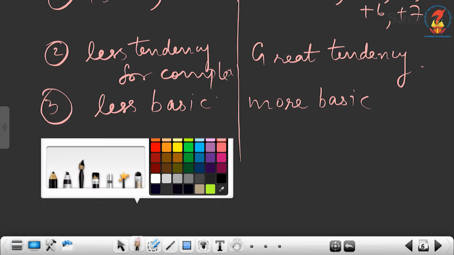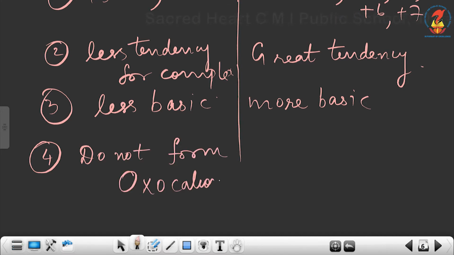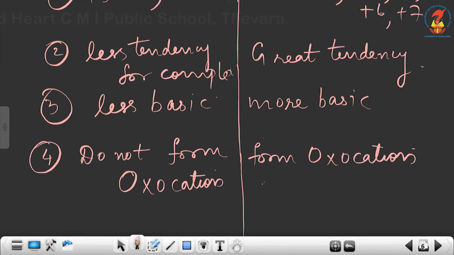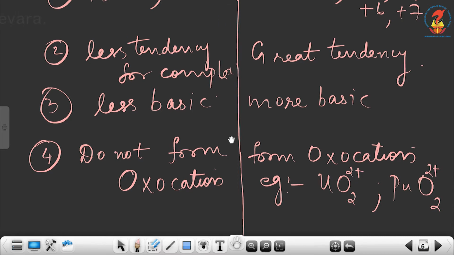Difference number 4: lanthanoids do not form oxocations, whereas actinoids form oxocations. Examples of oxocations are UO2 2+ and plutonium ion PuO2 2+.